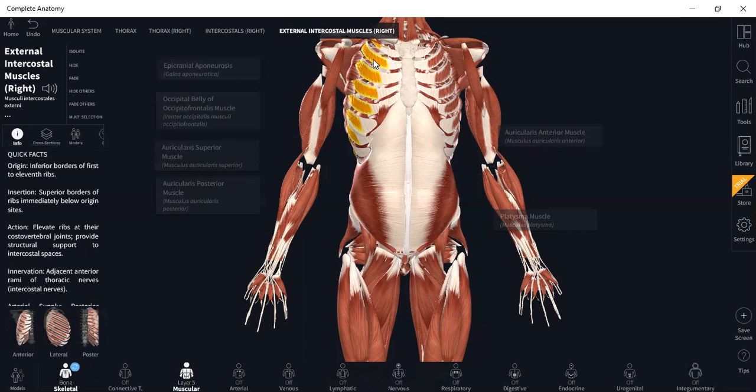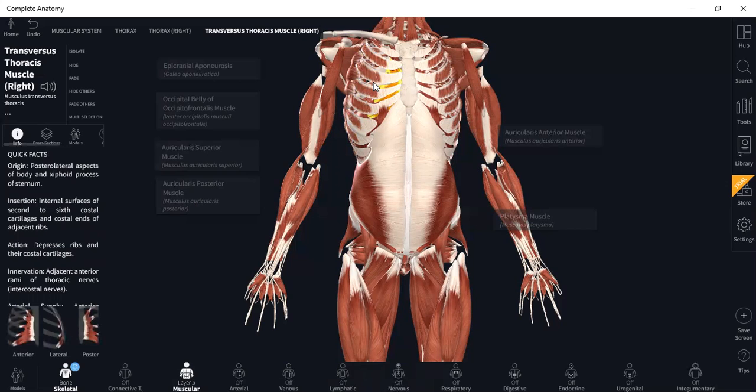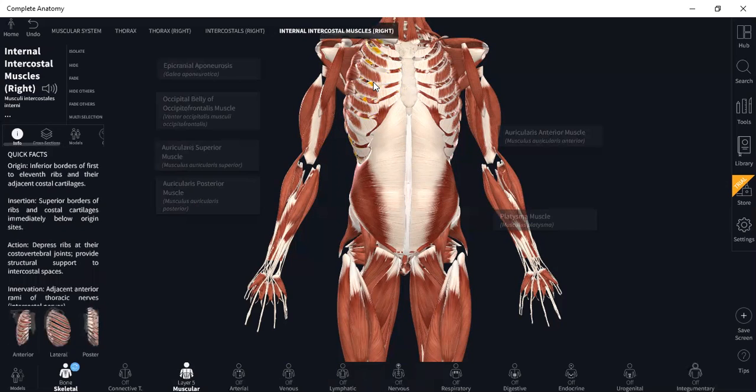If we look at the external intercostals, they will elevate the ribs and increase thoracic volume. The internal intercostals will depress the ribs and decrease thoracic volume.